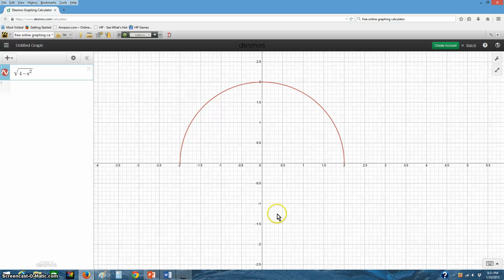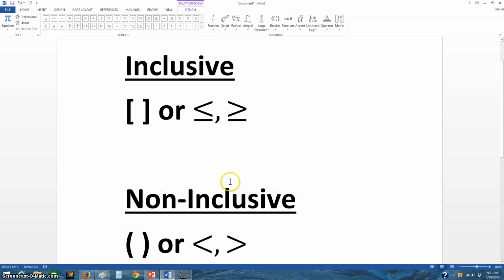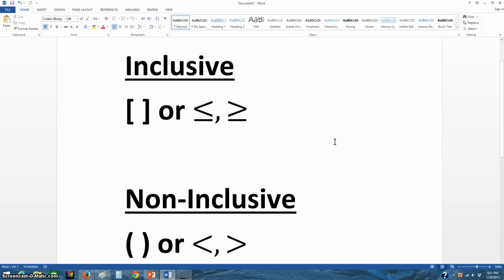Now let me go over again some common notations. Remember that I said inclusive. Basically, in Algebra 1, you had less than or equal to, or greater than or equal to, which represented either solid lines or shaded circles, if I'm not mistaken.